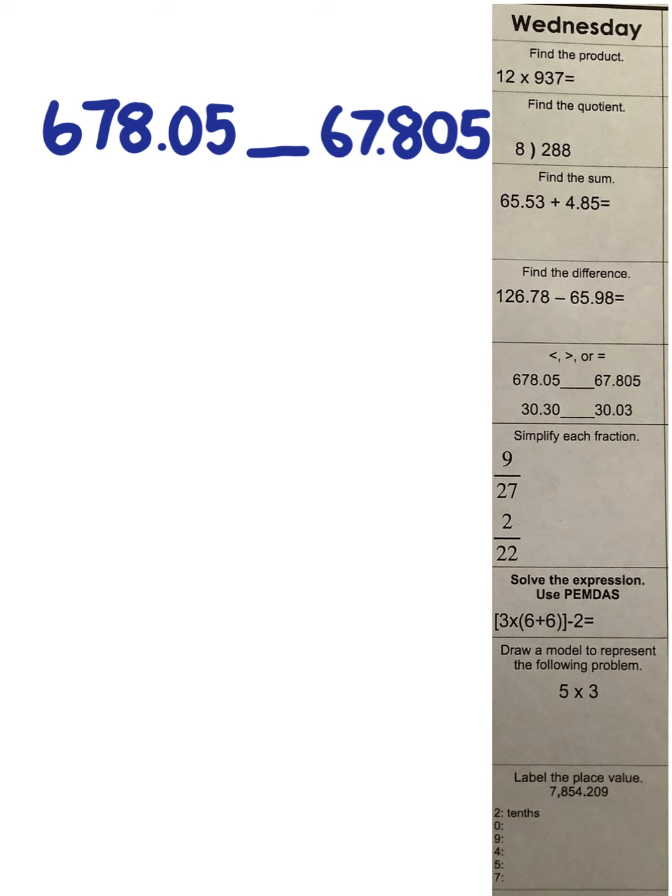So we're going to compare 678 and 5 hundredths by 67 and 805 thousandths. I can look at my place value here, 5th graders, and see that I have 678 as a whole number, because we know our decimal is separating our whole numbers from our fractional parts.